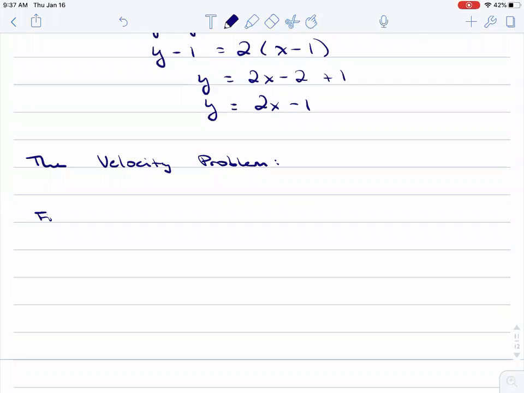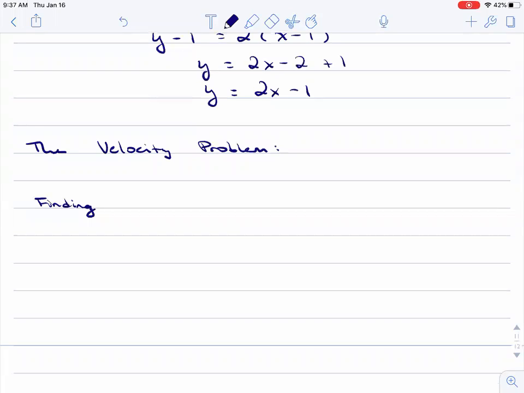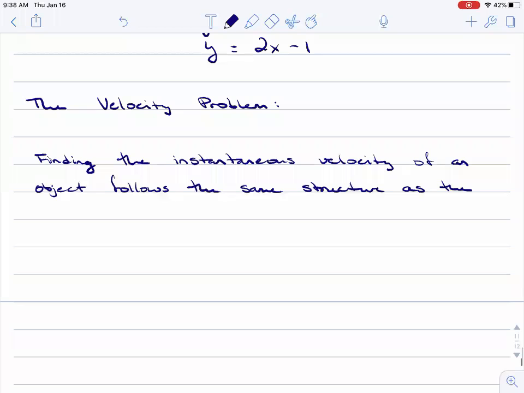I'll just write it down. So finding the instantaneous velocity of an object follows the same structure as the example we just did.